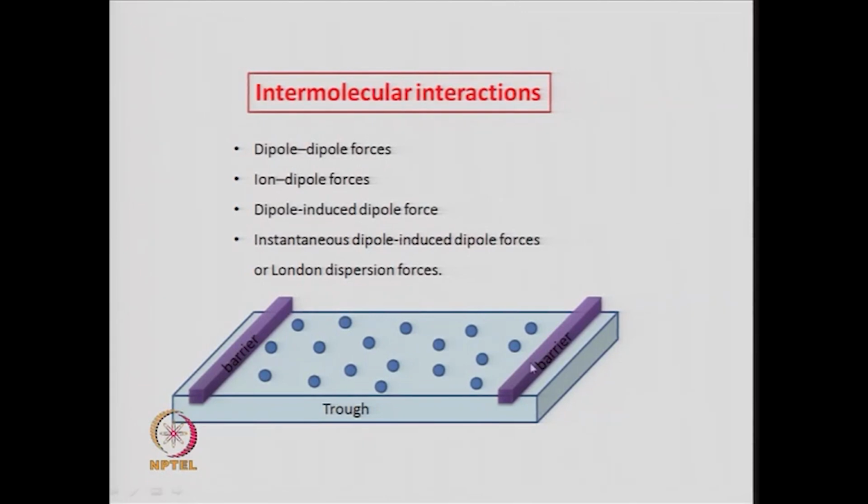The barriers, when they move towards each other, lower the area available to the molecules on the surface, and then the molecules start organizing or assembling into regular patterns. Of course, once it forms a complete film, if you put extra pressure, that means if you bring the barriers closer to each other, then the film will disrupt.